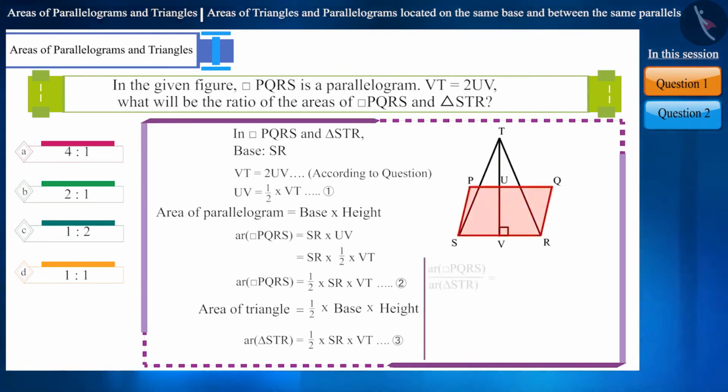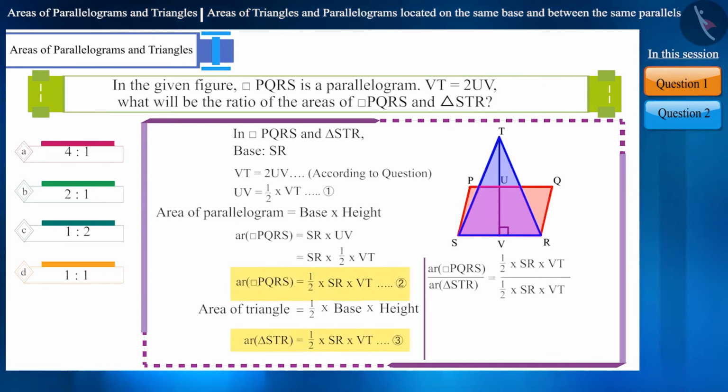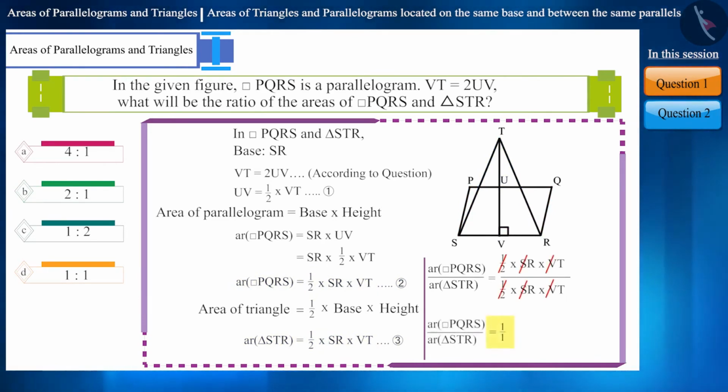Now the ratio of the areas of quadrilateral PQRS and triangle STR can be determined by dividing their areas. If solved, their ratio will be 1:1, which is option D. So, we can say that option D is correct.